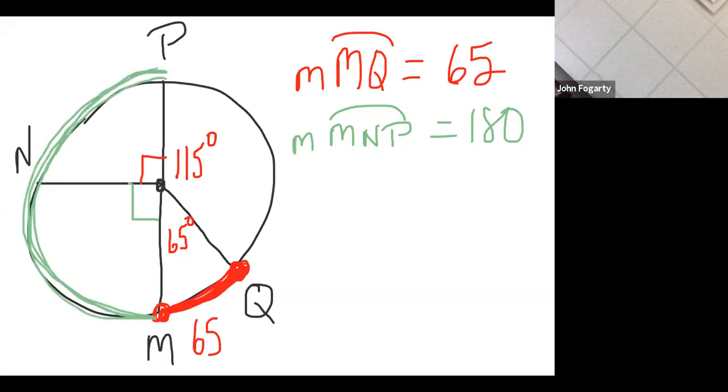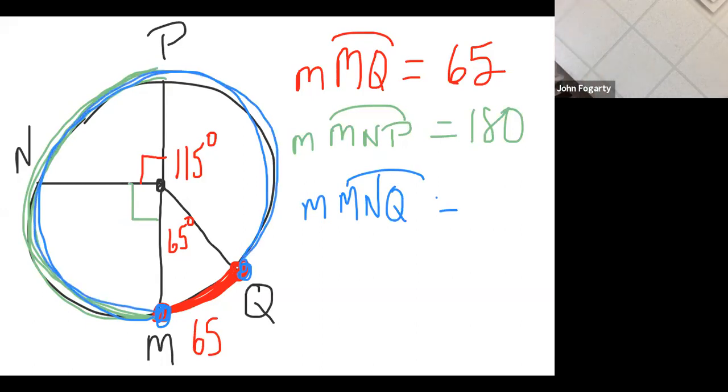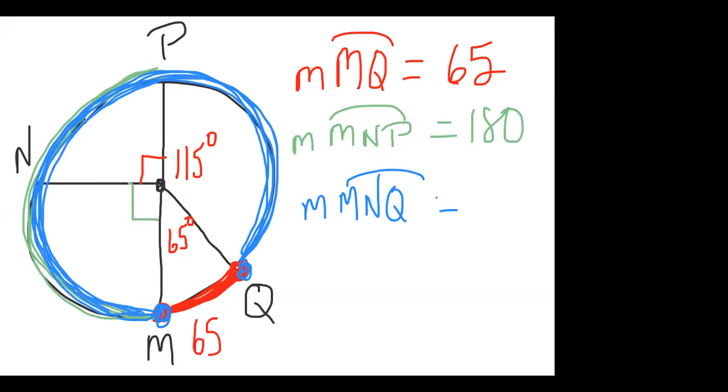Now, last question. What's the measure of arc M and Q? So I'm going to go from M to Q, but I'm not going to go the short way. I'm going to go the long way. I'm going to go from M to Q through N. 295.